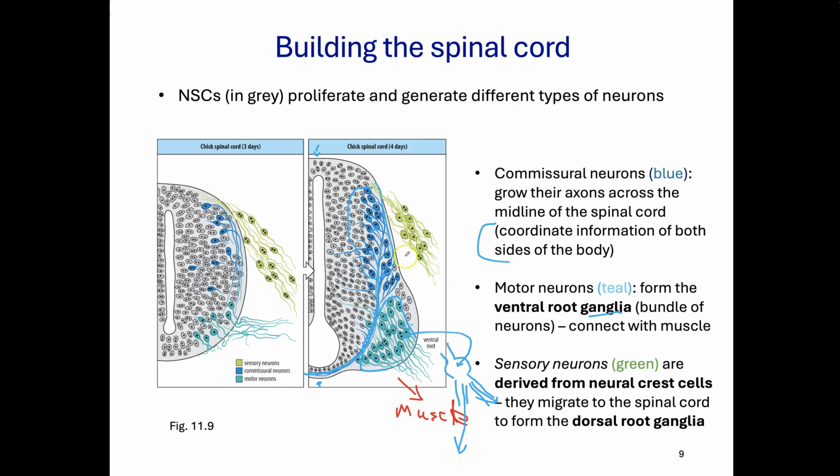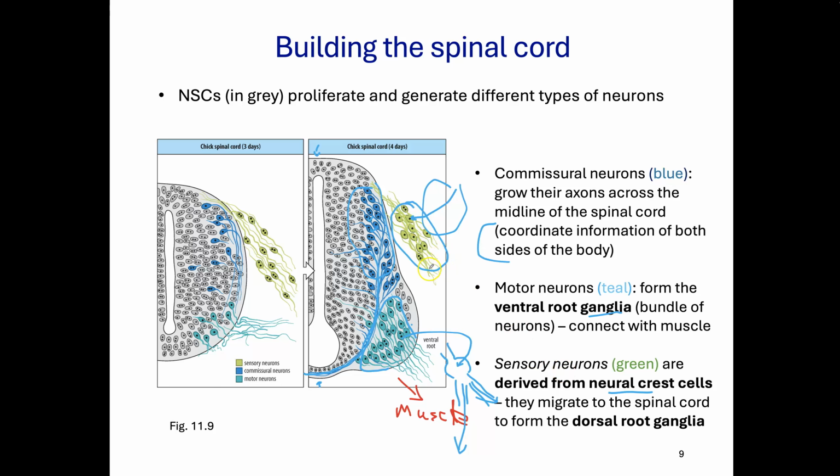And then there are sensory neurons on the dorsal side. And these are actually derived from neural crest cells. So the neural crest cells have migrated down, and then they've come through the somites and connected back to the neural tube. And they are forming part of the peripheral nervous system, but these are sensory nerves.